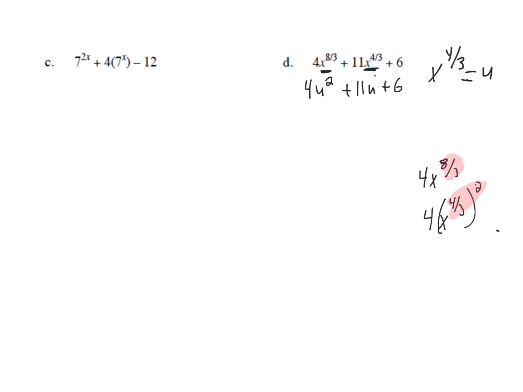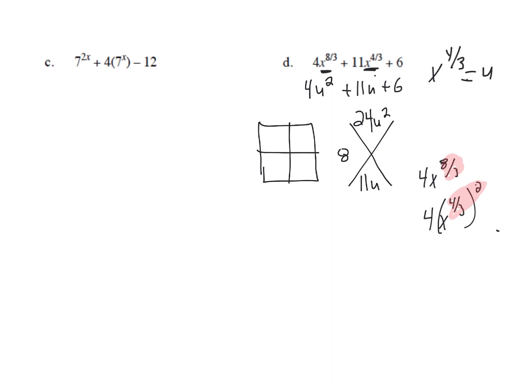Now factor this using squares and diamonds. So I need 24u squared, but it has to add up to 11u. I think that's 8u and 3u. So I have 4u squared, 6, 8u, 3u.